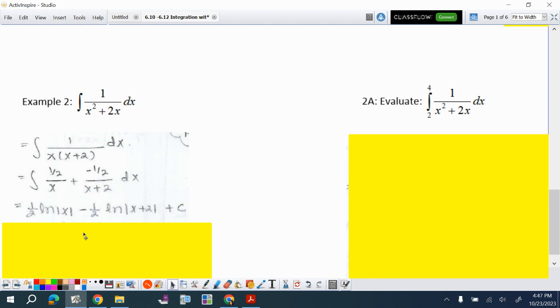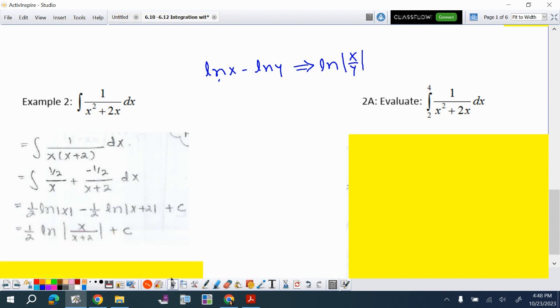Now, many times you have to apply the properties of log, and you can factor out 1 half and say ln minus ln. Recall that ln x minus ln y you can rewrite as ln x over y. And yes, you have to know this property as well. Many times in multiple choice questions, they are giving you answers like this. So this is your final answer.